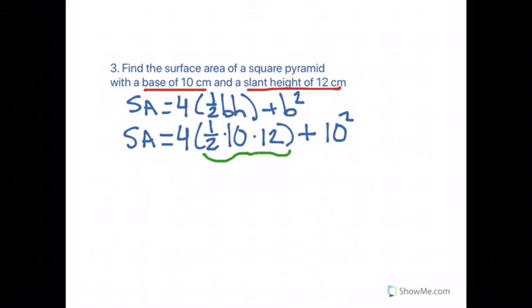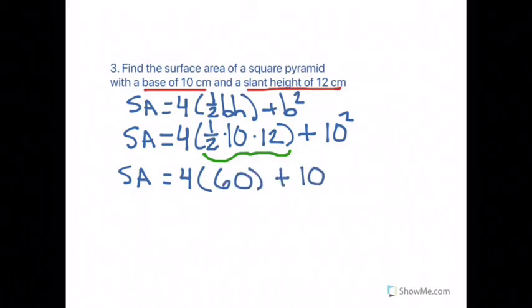Orders of operation, you need to do your parentheses first. So surface area equals, bring down the 4, bring down your parenthesis. Now do 1/2 times 10 times 12. Half of 10 is 5. 5 times 12 is 60. Bring down the plus sign. Bring down 10 squared.